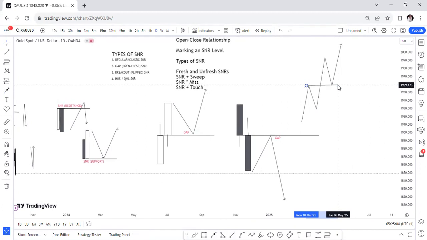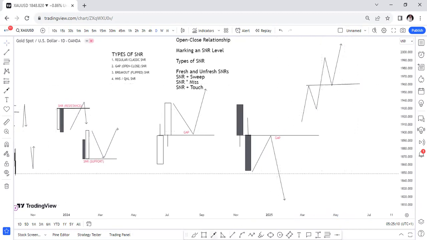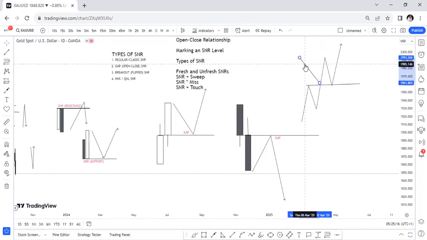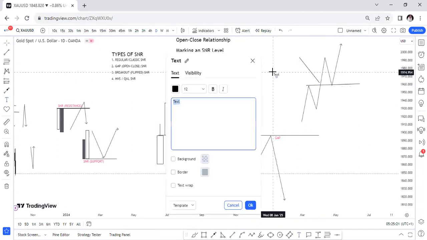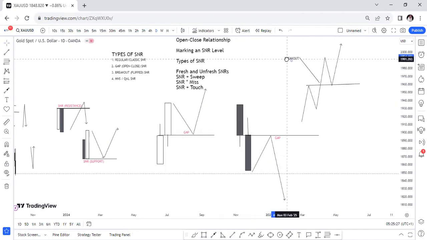That's a breakout. So this place now represents the breakout position. A breakout. That's for buying.